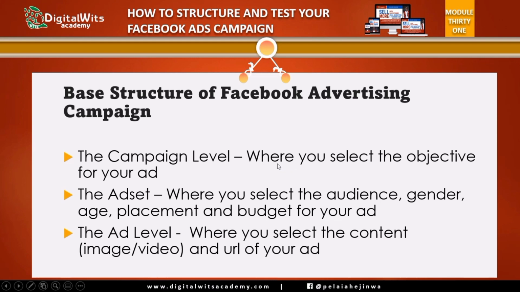This is where you choose the objective. What do you aim to achieve with that campaign? I will be showing you the Facebook advertising campaign interface in the next slide, so that you get to see exactly what we mean by the campaign level.